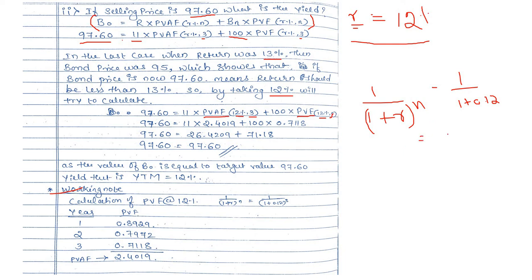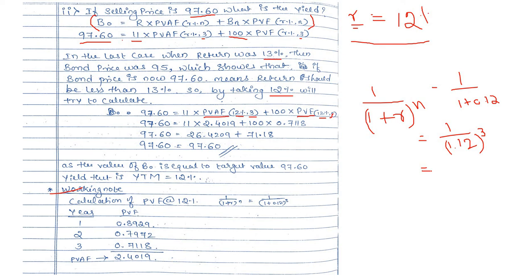So we get 1 divided by 1.12 raised to N, where N is 3 years. Now in your calculator, just click 1 divided by 1.12 and press equals. We get the value 0.89285714, a long answer.